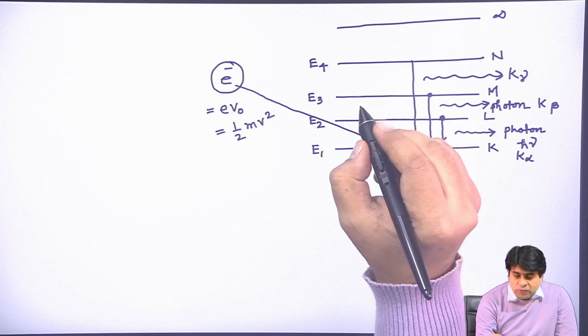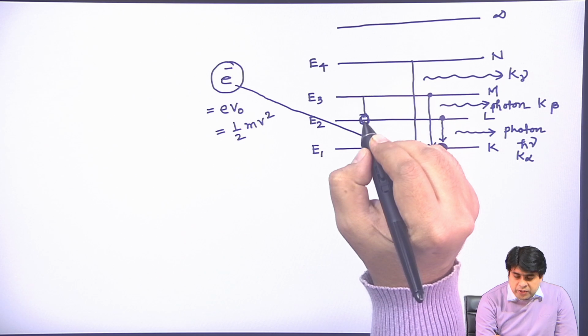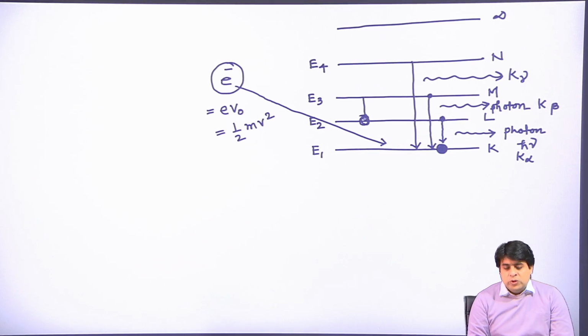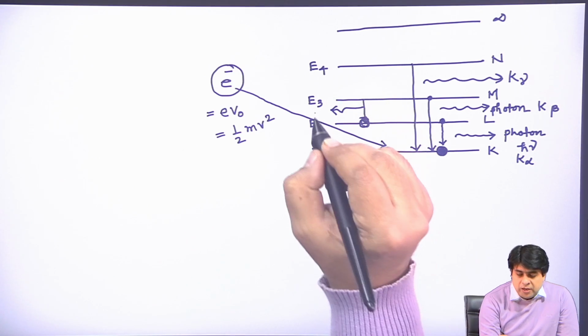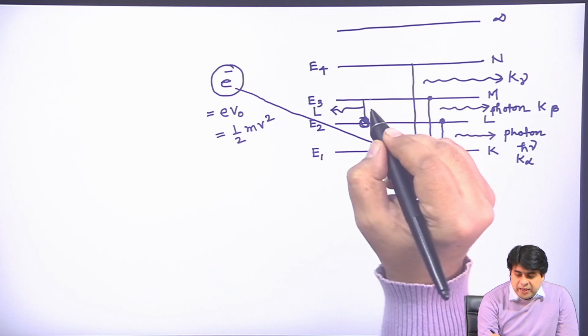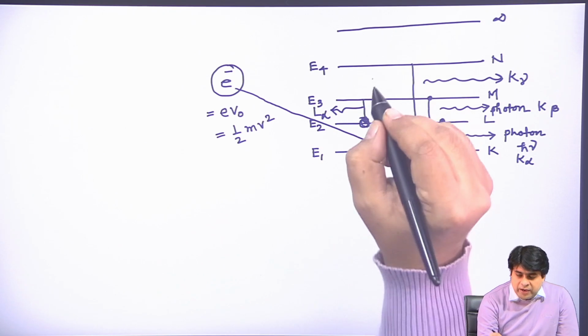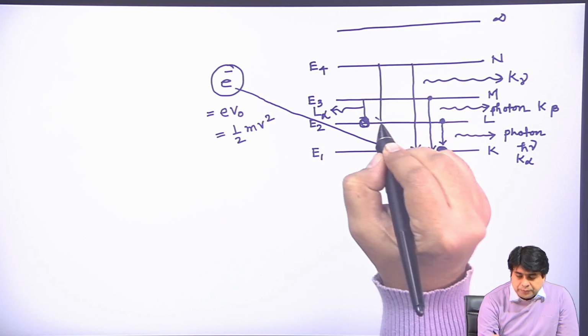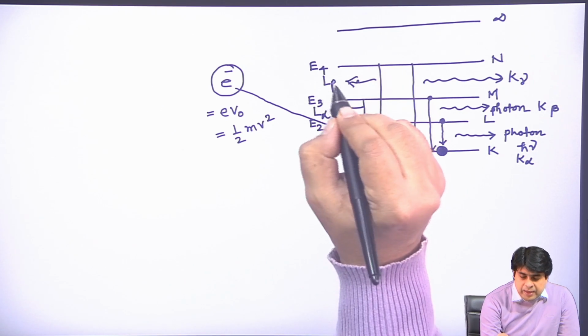Because of this void, higher energy level electrons will try to come to the lower energy level, and since they are coming to the L shell, they will produce L lines. If they come from M to L, it will produce L alpha. If they come from N to L, it will produce L beta.